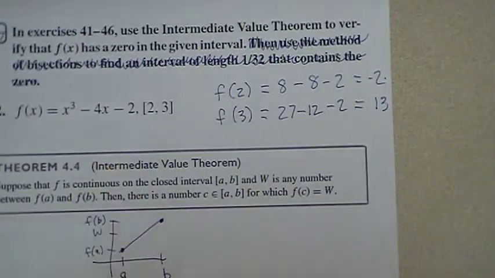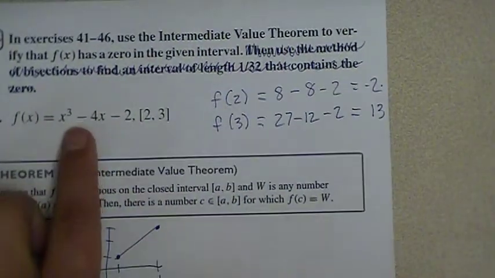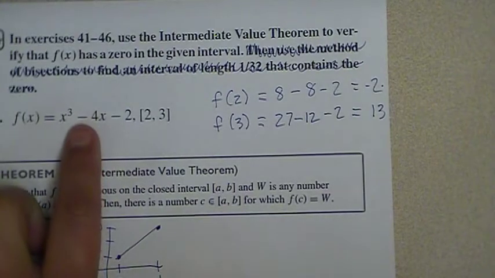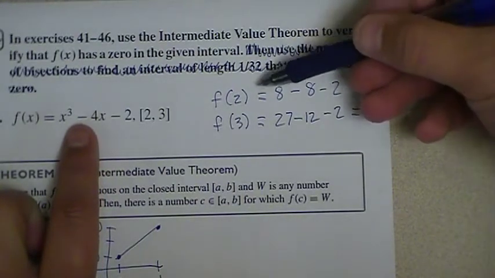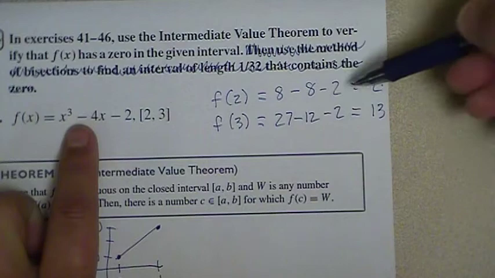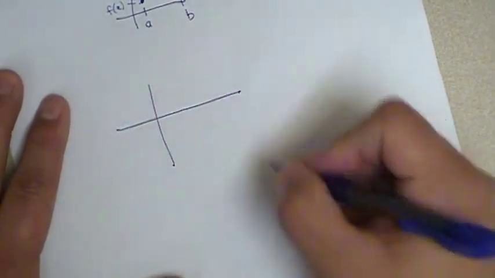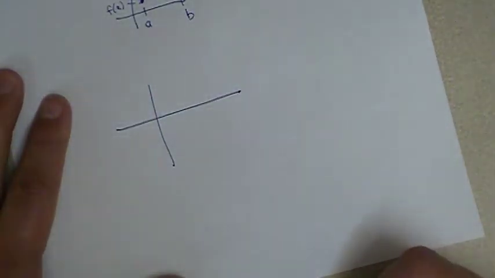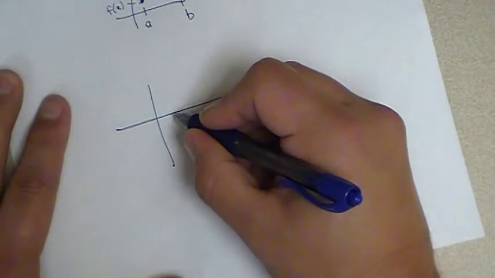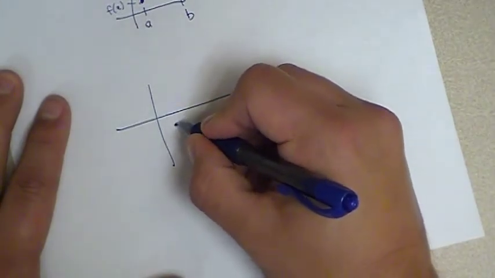So basically what I've done is I've determined, without graphing it, that on the graph of this cubic I have the point 2 comma negative 2 on it, and I have the point 3 comma 13 on it. If I come down below here and I plot these points, and I'm not going to do this too carefully, I just want it to look believable. I want the point 2 comma negative 2, which would take me down here.